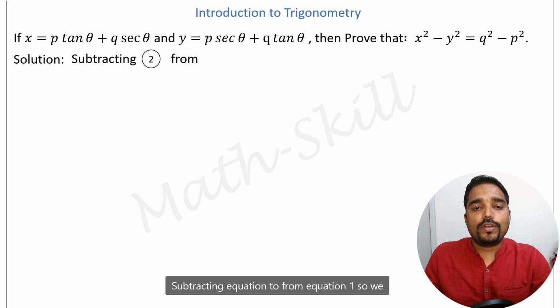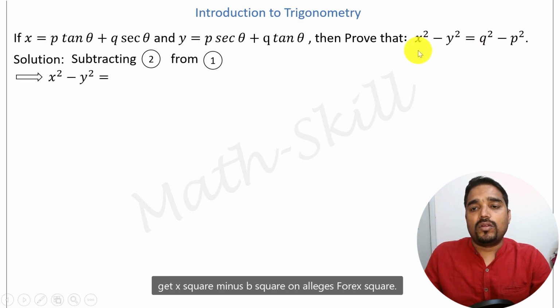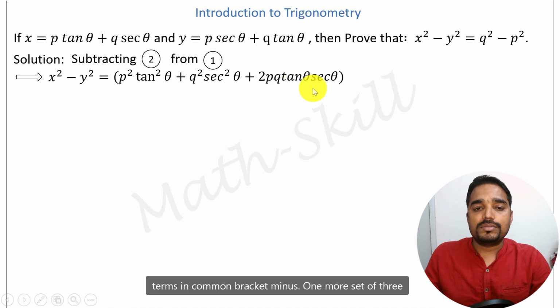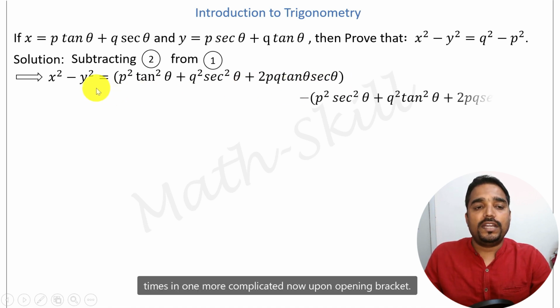So we get x square minus y square on the LHS. For x square we have 3 terms and for y square we have 3 terms. Let us take all the 3 terms in one bracket minus one more set of 3 terms in another bracket.